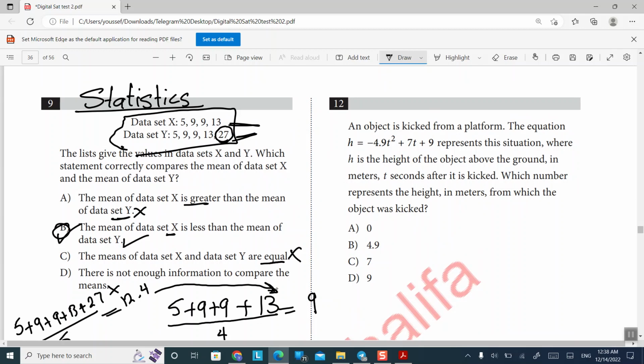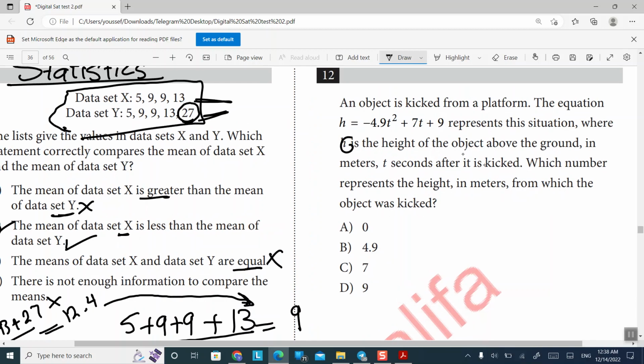So here in 12, he says that an object is kicked from a platform. Okay. The equation represents this situation where h is the height of the object above the ground in meters and t is the seconds after it is kicked. Okay. Which number represents the height in meters from which the object was kicked?